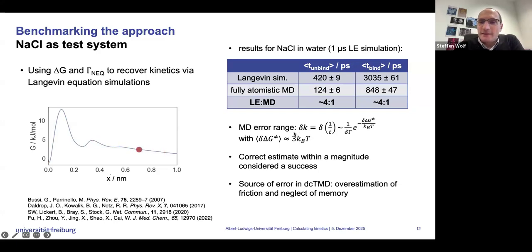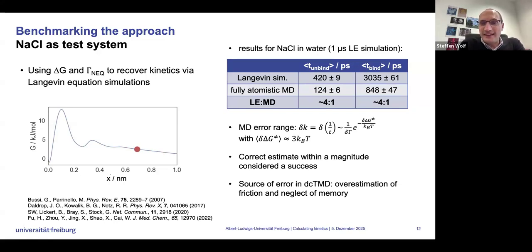On one hand, the overall error margin of such a rate is given linearly by the error in the friction, but exponentially by the error of the free energy barrier estimate. And usually, the free energy barrier estimate has a mean error on the order of 3 kT.